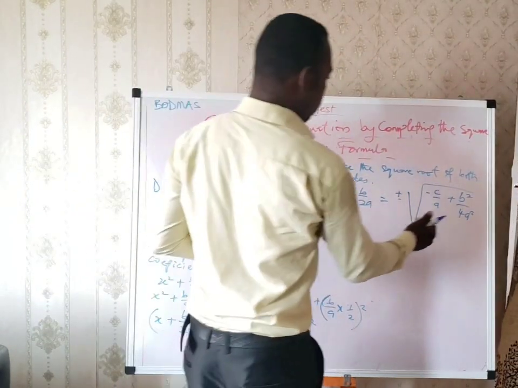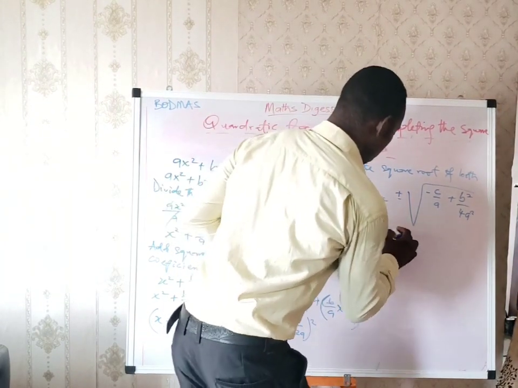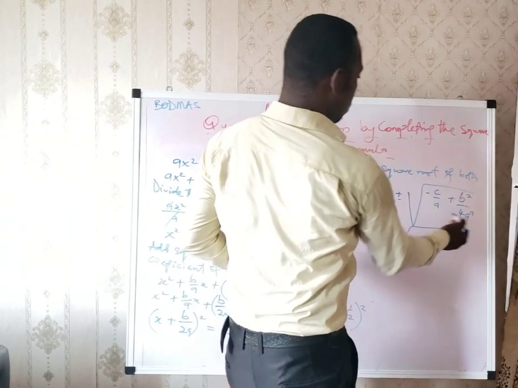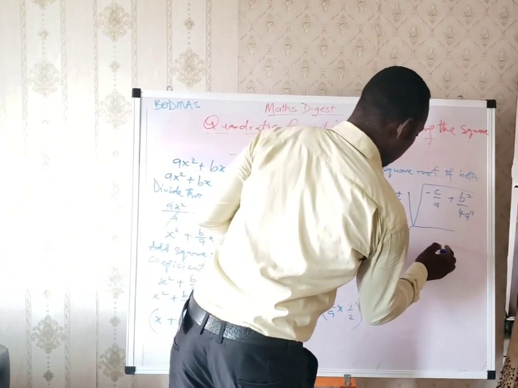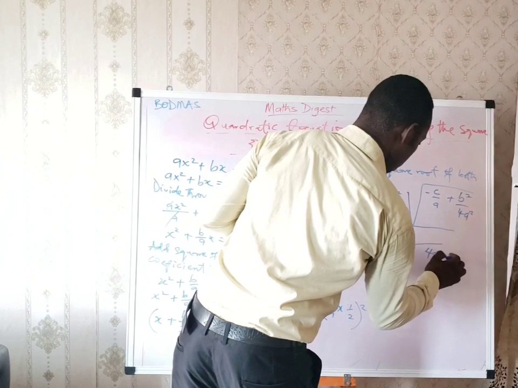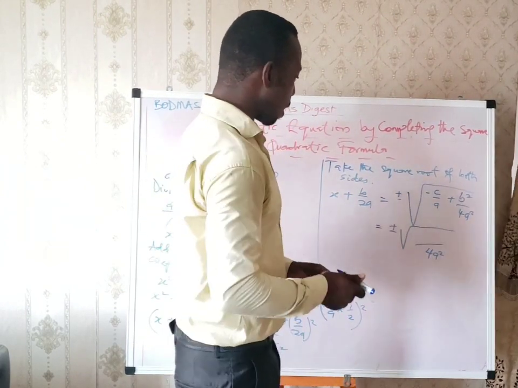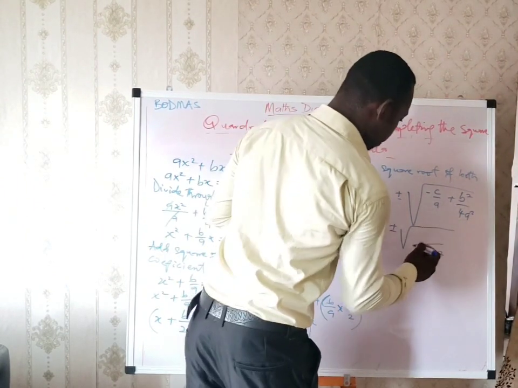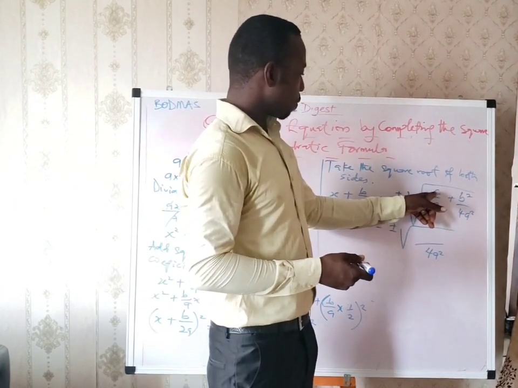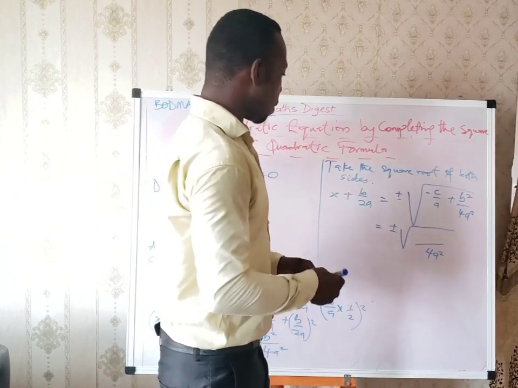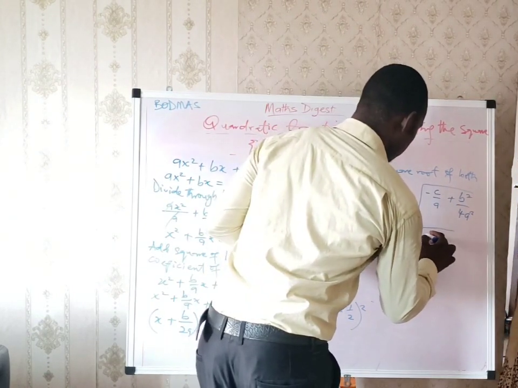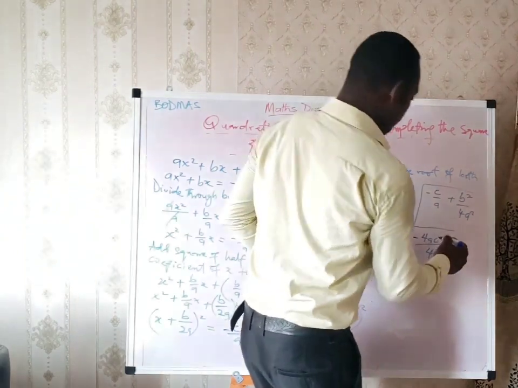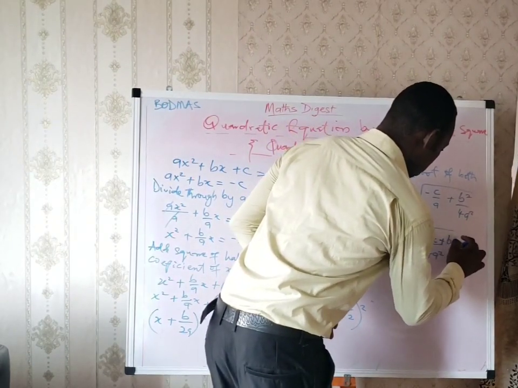Now let's first of all simplify this. We have equal to plus or minus the LCM of these two denominators, which will give us 4a squared. Now a into 4a squared, we are left with 4a, because a will cancel one of the a's here. Now we have 4a times this c, we have minus 4ac, plus, this divided here is 1, and we have b, so plus b squared.